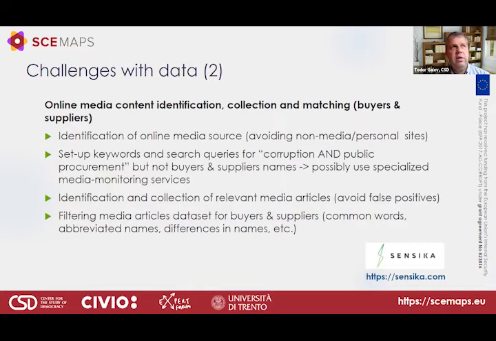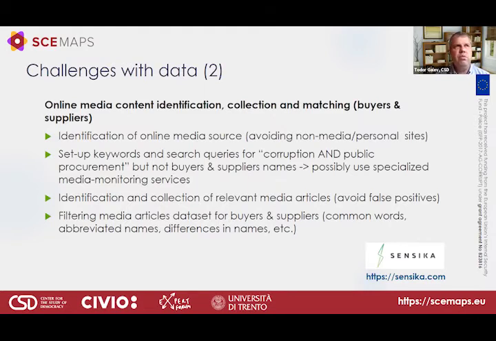What we found is that our initial idea to look directly for the names of the companies and contracting authorities is actually not working, because only for these 3 sectors and 4 countries, we have more than 40,000 companies in our database, and some 3,000 and more public authorities.